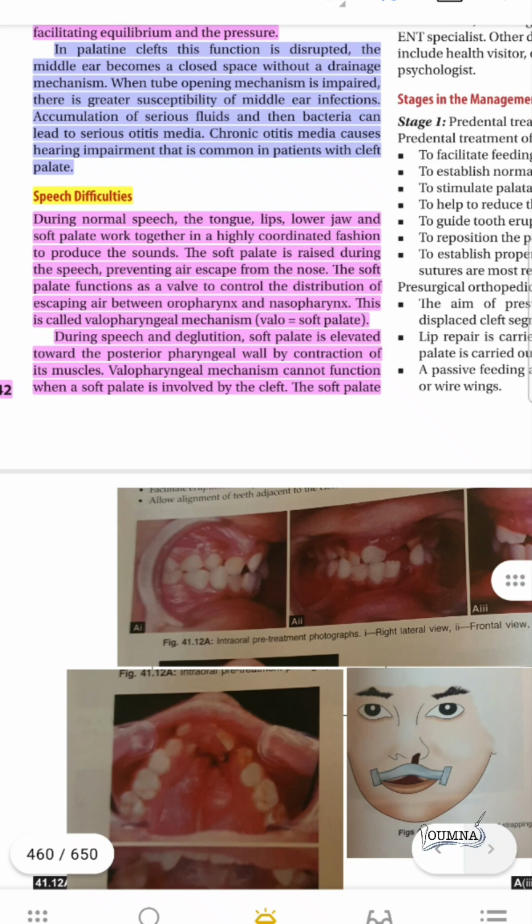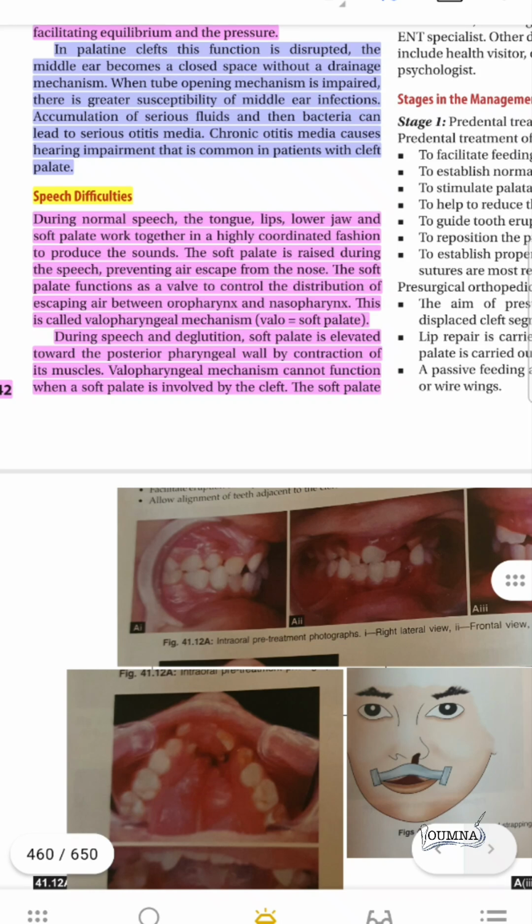Also, we know that speech is a contributed action from the tongue, lips, and the lower jaw and the soft palate that all work together. The soft palate is raised during speech, preventing air escape from the nose.